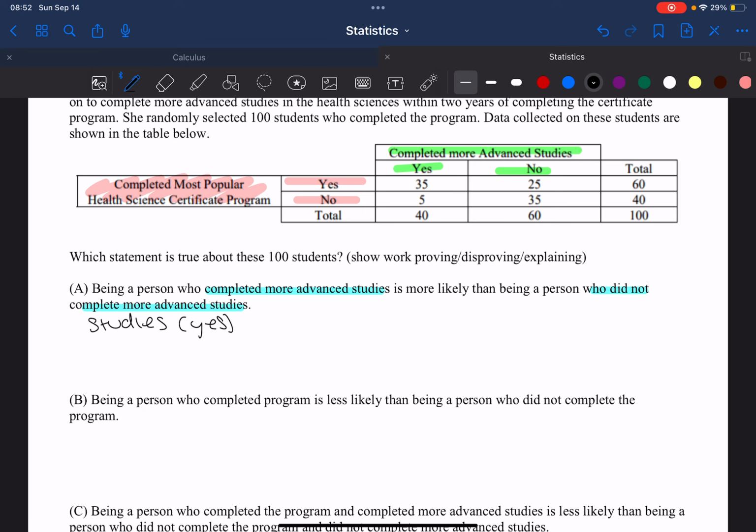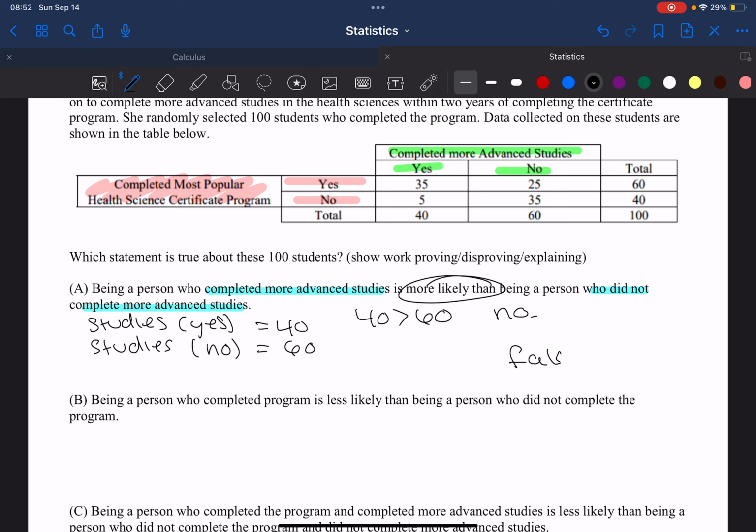If we look at our table, the amount that said yes would be 40. And then this is the one still with studies, but then who answered no, and that would be 60. Well, it's saying the first thing is more likely than the second thing. Is 40 greater than 60? Since we would say no, then we would say this is a false statement.